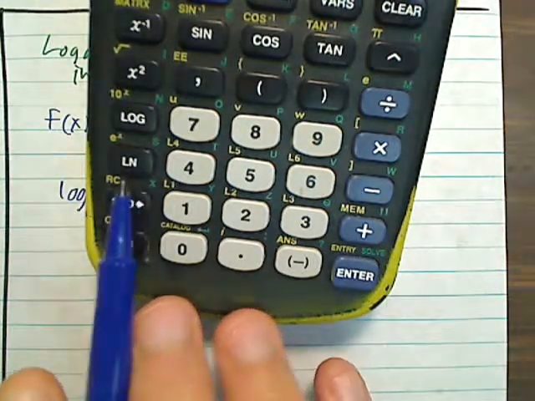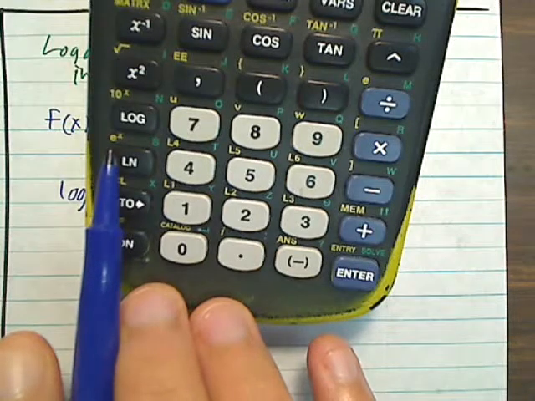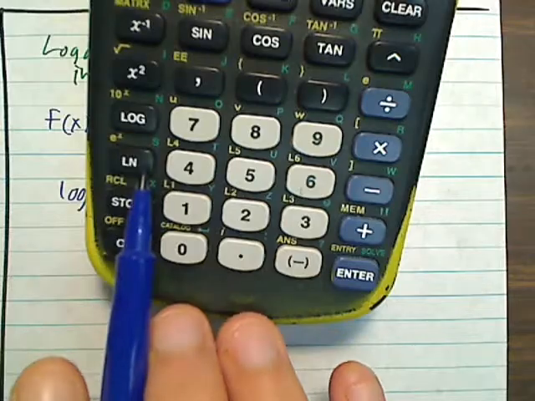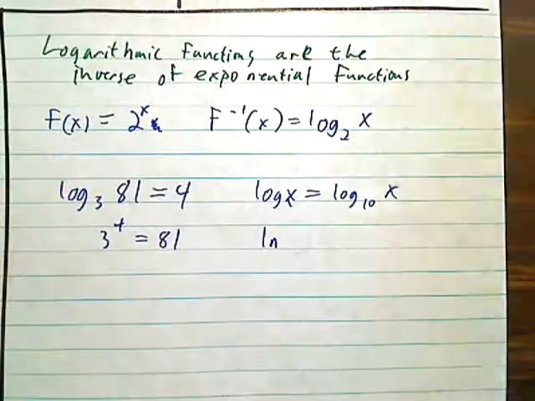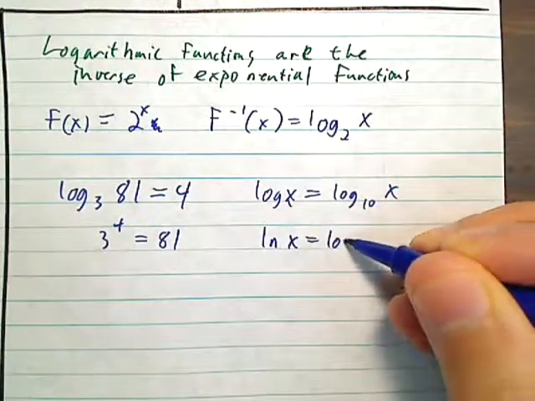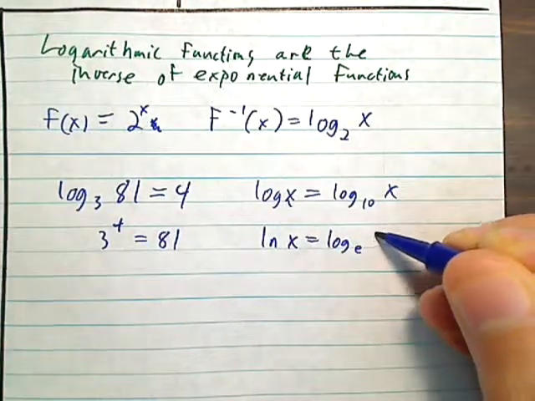That's a special one as well. And you can see right there the base is e. Okay, if there's just the word log, the base assumed is 10. And if you have a natural log, the base assumed is e. So natural log of x is log base e of x.